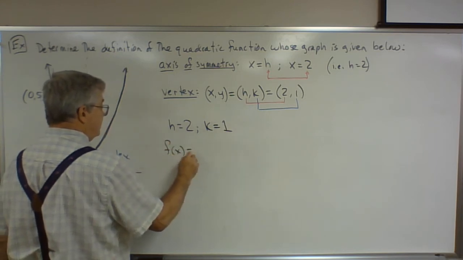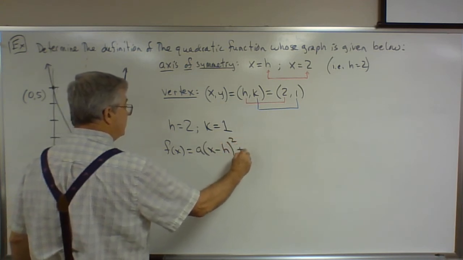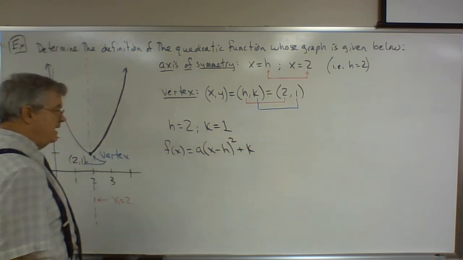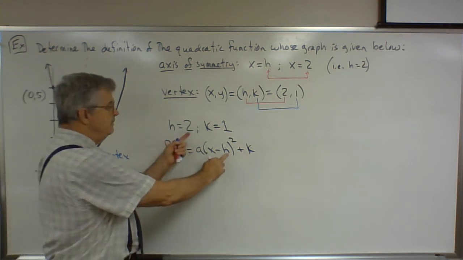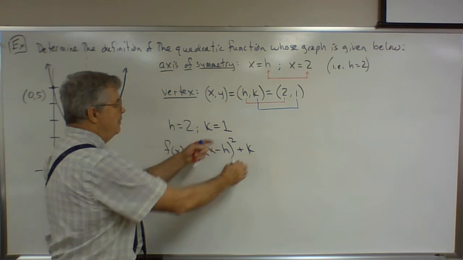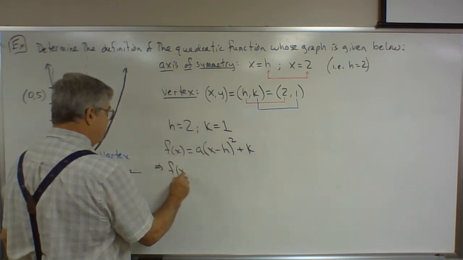f of x equals a times (x minus h) squared plus k. And guess what? We just substitute in 2 for h and 1 for k, and we're looking pretty good.